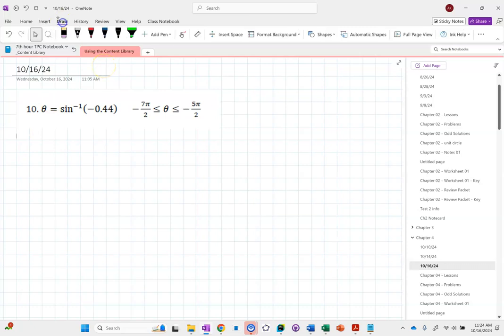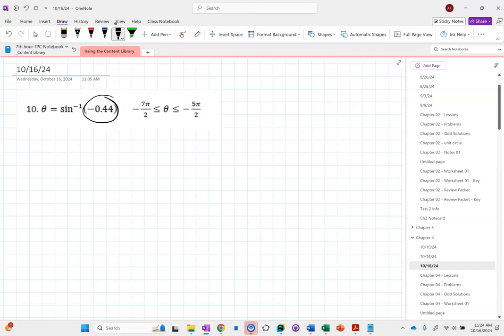So the first thing that I would do is try to decide whether this problem is a calculator problem or a unit circle problem. To do that, all I'm going to be doing is looking at the number right here. If that's not a unit circle coordinate, it's a calculator problem, right?